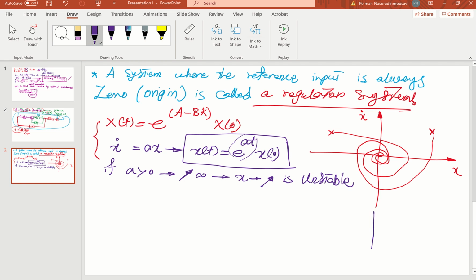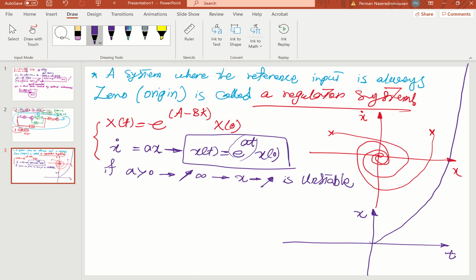Let me plot it. This is high school algebra, that's right, math. I'm gonna plot x over time. If a is, I don't know, any number like 2, it's gonna be like that. Does your system go to the origin? No, it's leaving the origin. So your system is unstable.